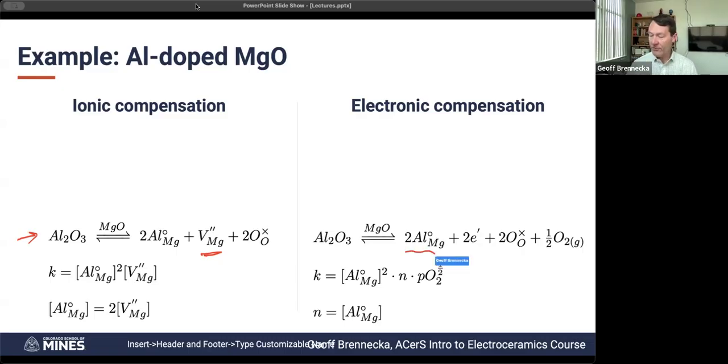So that's aluminum sitting on the magnesium site, and it's electronically compensated. So in this case, I've got 2 electrons that are compensating for the effective positive charges of the aluminum sitting on the magnesium site. Then how do I compensate for that? Electronically, that means that I have 2 oxygens coming from the alumina. That's represented here.